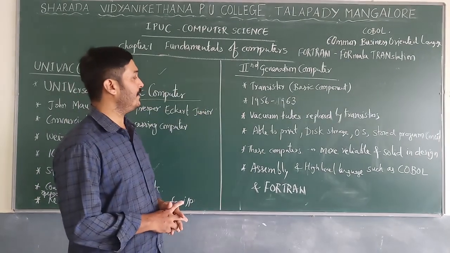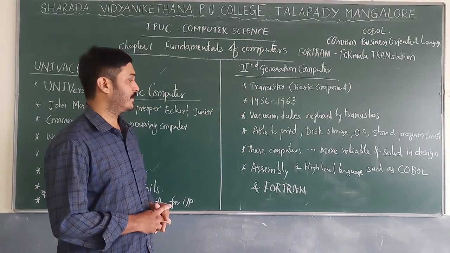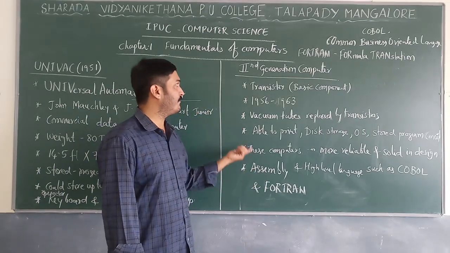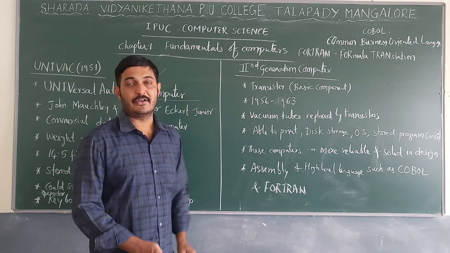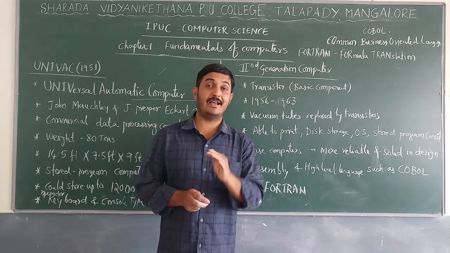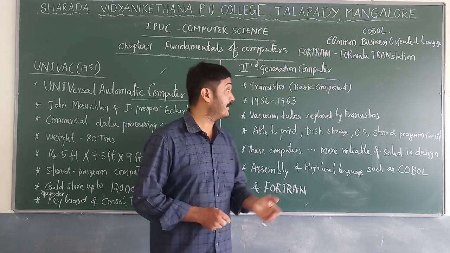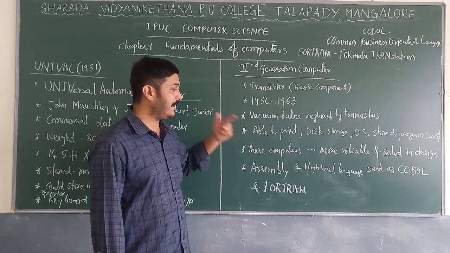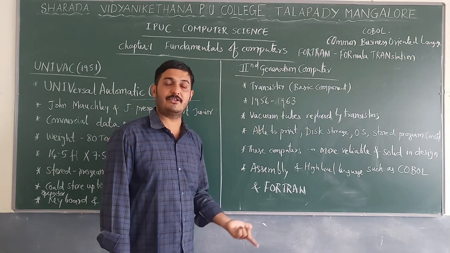These are very important aspects regarding language. Programming languages were introduced in second generation computers. During first generation, only machine level language could be used. But in second generation, we can use high level language and assembly level language.